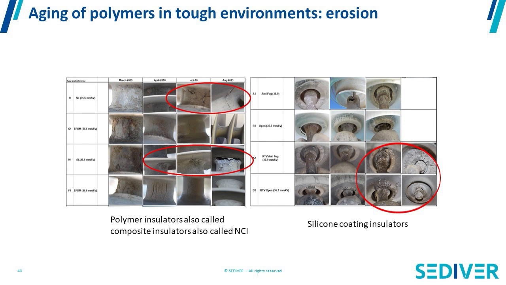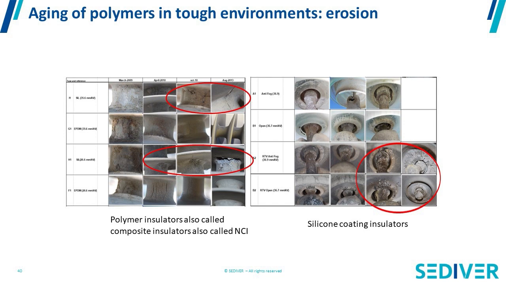Of course, the same thing happens, as you can see on the right, with silicone-coated insulators. You also have erosion. The reason why we are successful with silicone coating is because underneath the coating, even if you have erosion, nothing is going to happen because you have good old glass. With the polymer insulators, which are at the left of this slide, once you have erosion that goes down through the thickness of the rubber, then moisture is going to damage the core internally and your insulator will break.